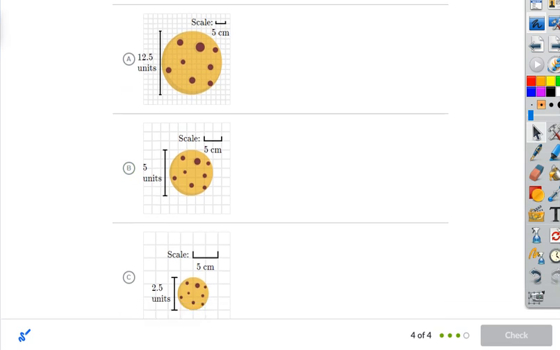All right, so in this case, the best thing to look at first is the given scale. I know at the end of the day, I need to have an actual amount. So let's look at these scales. I have 2 units here, and 2 units ends up being 5 centimeters on this one.